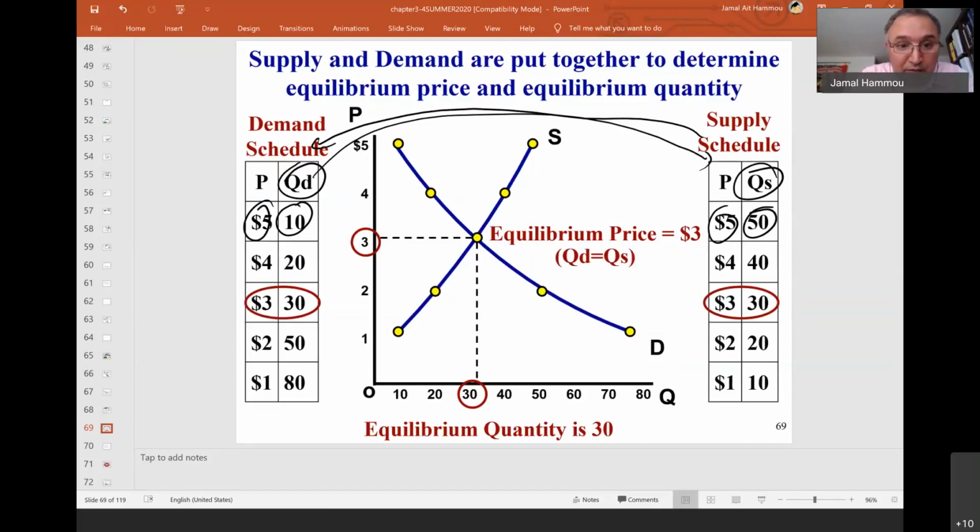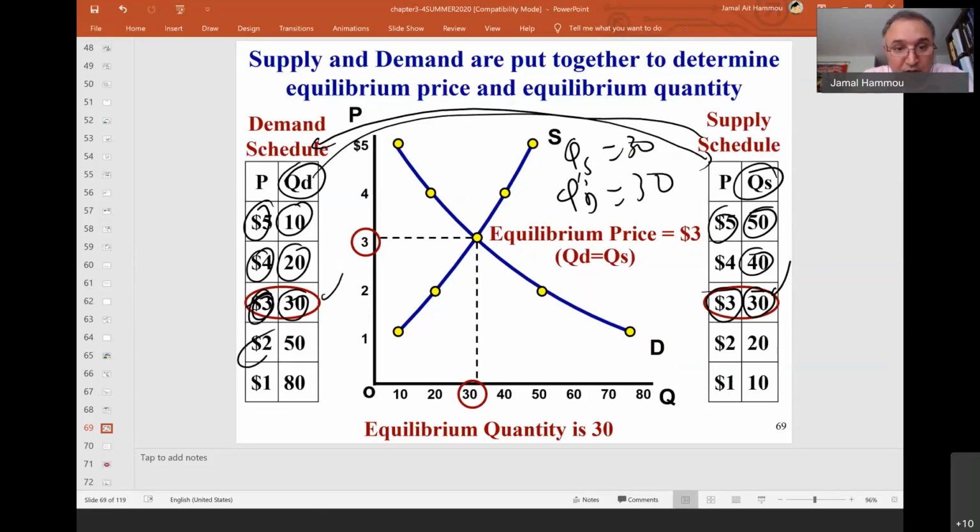Then I say, okay, at the price of 4, people are willing to buy 20, companies are producing 40. Are they equal? No. Then at the price of 3, people are buying 30, companies are producing 30. So QS is 30, QD equals 30. Now QS equals QD, that's the equilibrium. The equilibrium is where the price equals 3, because QS is 30 and QD is 30.